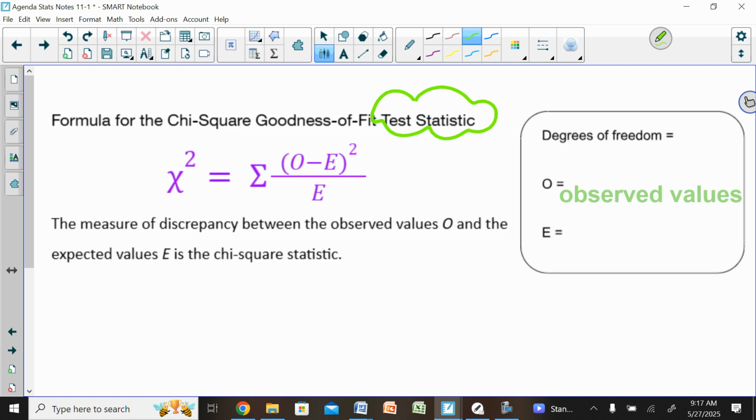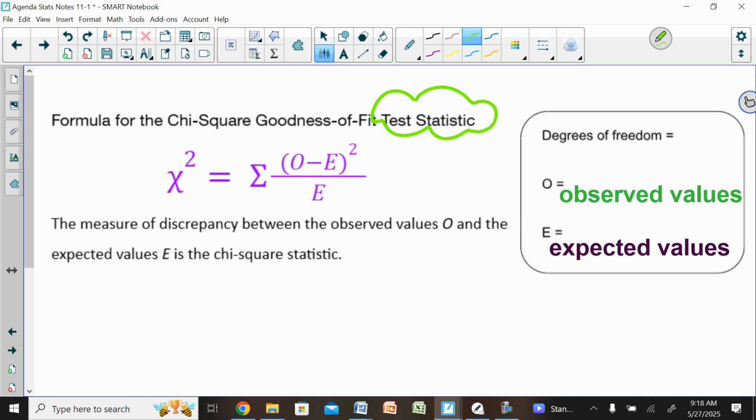O is our observed values. E is our expected values. So if we've got a table that's 3 by 2, I've got 6 pieces of data in there for my observed, 6 calculations for my expected, 6 parts to add up for my chi-square test statistic. So we're going to do our observed value minus our expected value squared, and then divide that by our expected.